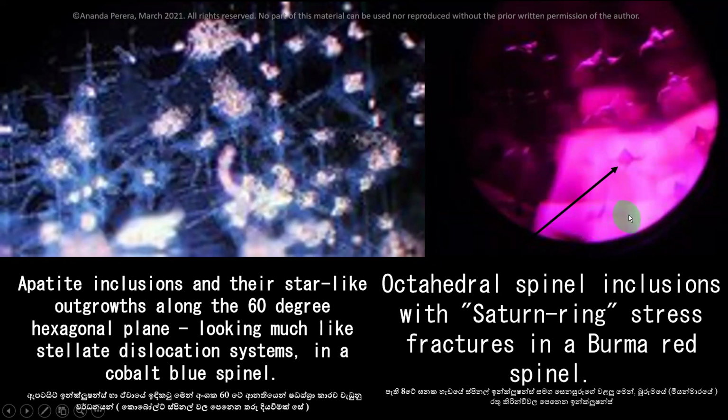In this Burma spinel, an octahedral, that means 8 sides, spinel inclusion is here. You can see the 8 sides with the Saturn ring. So it is very special. Saturn ring octahedral spinel inclusion is very common inside the red spinel. This is from Burma spinel.